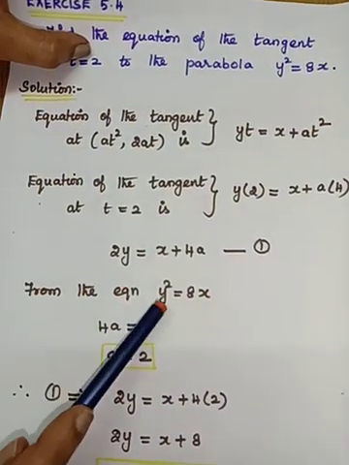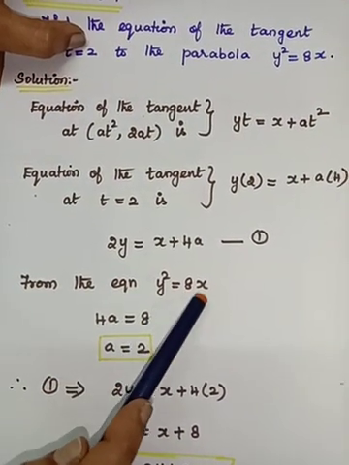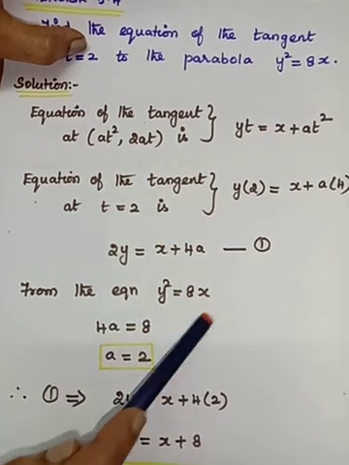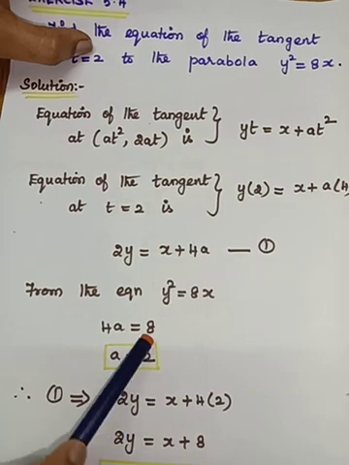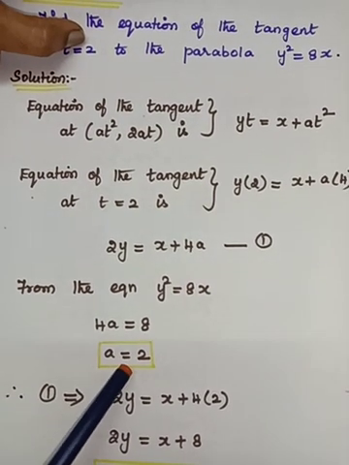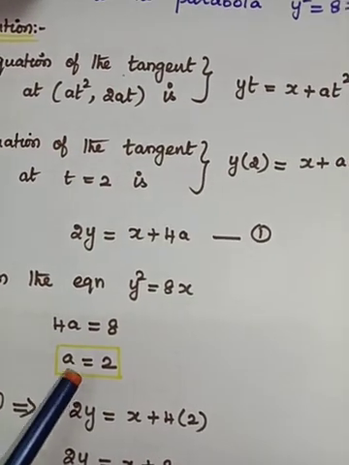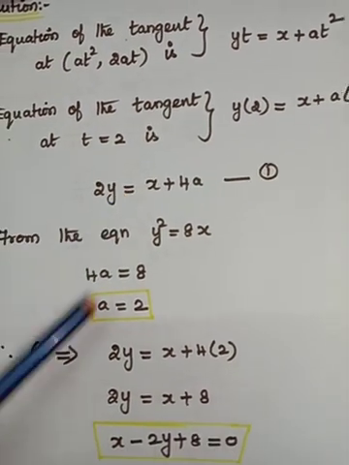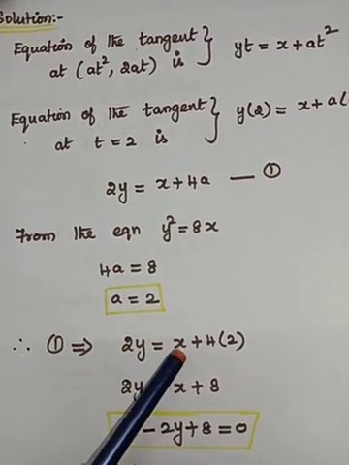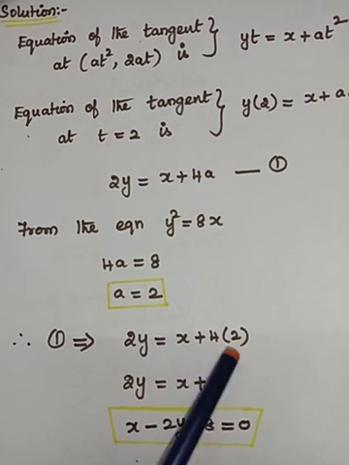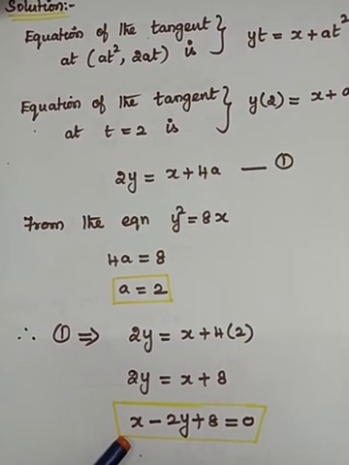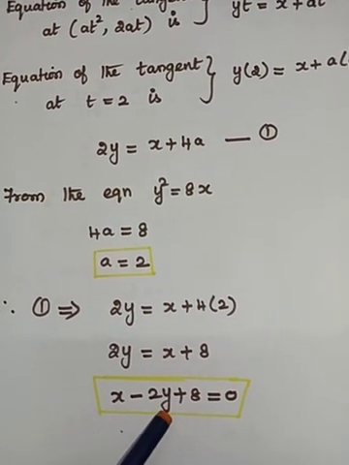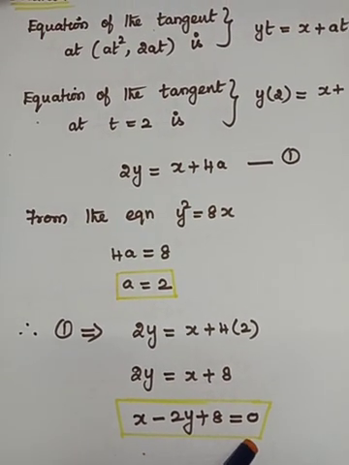So you consider the equation of the parabola, y squared is equal to 8x. So compare with the standard form. So in the place of 4a you are having 8. So a is equal to 8 by 4, that is equal to 2. So it has to be substituted here. So 2y is equal to x plus 4 into 2. So that is 8. When you arrange your equation of the tangent, x minus 2y plus 8 is equal to 0.